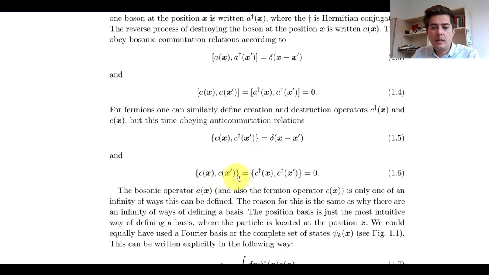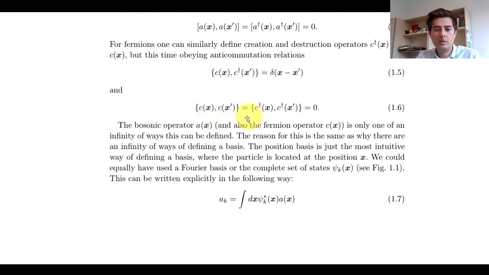And then similar anti-commutation relations hold in this way. You should note that these cases also have a plus sign. So this means that if you ever have two fermions at different positions, when you interchange them, you'll get a minus sign between them.